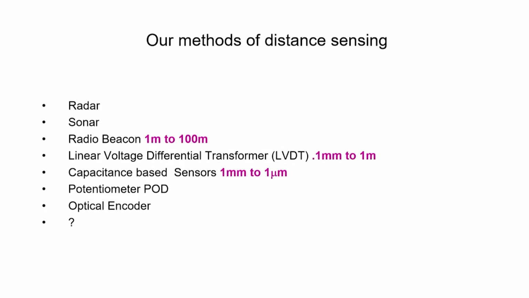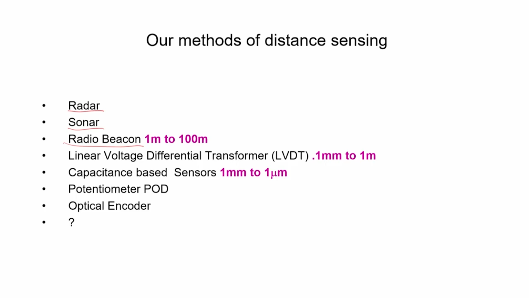Now, let us look into the distance sensing. What are the different types of distance sensors we can utilize? One of course is radar, which is based on electromagnetic wave, and then there is sonar. The principle in both the cases, even including radio beacon, is very same. You send a wave and the wave gets reflected from the object.